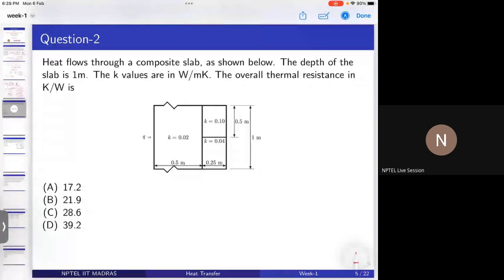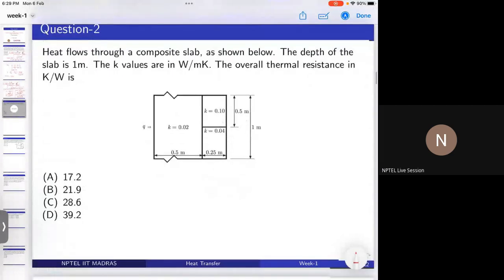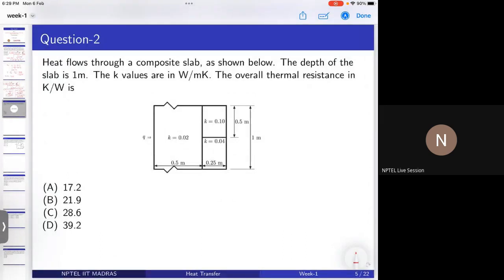Okay, you can try solving this out. By the time I will also start, because we have to solve a couple of questions more. So I will draw the resistance network.